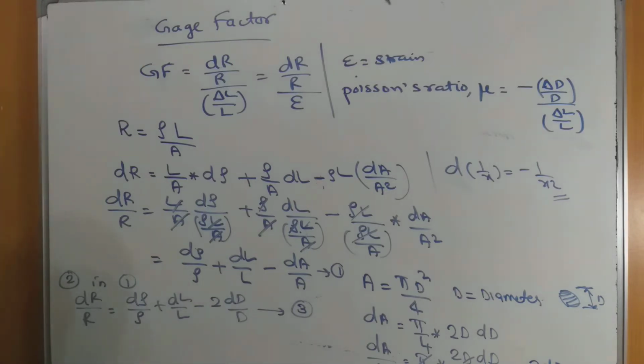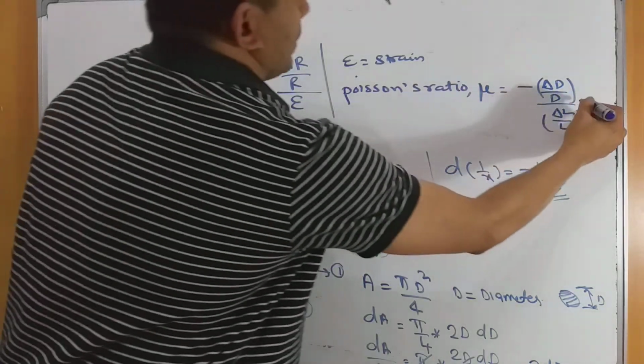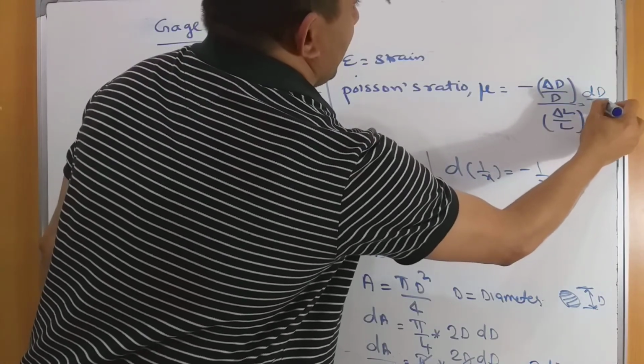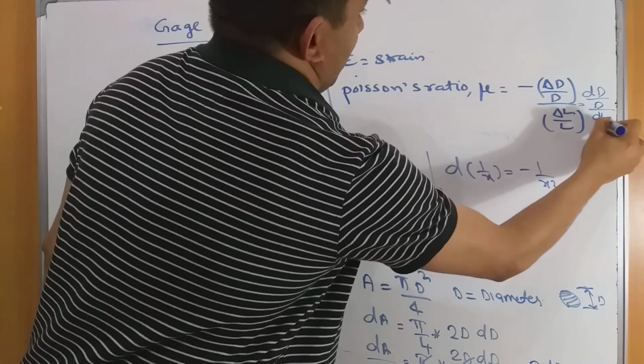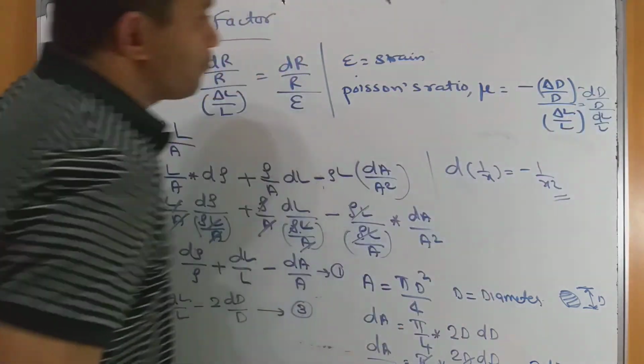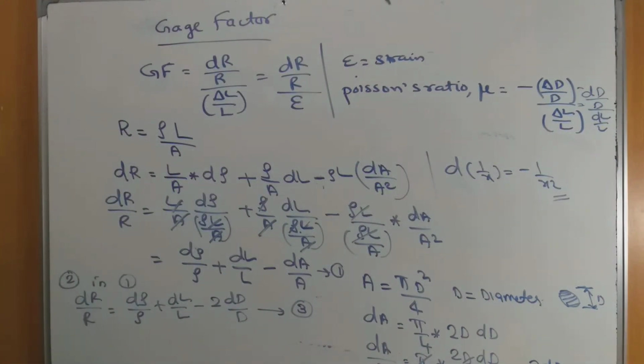From the Poisson's ratio we can find del D by D, or dD by D, and substitute it here. This equation can also be written as dD by D divided by dL by L, both ways fine, with a minus sign.